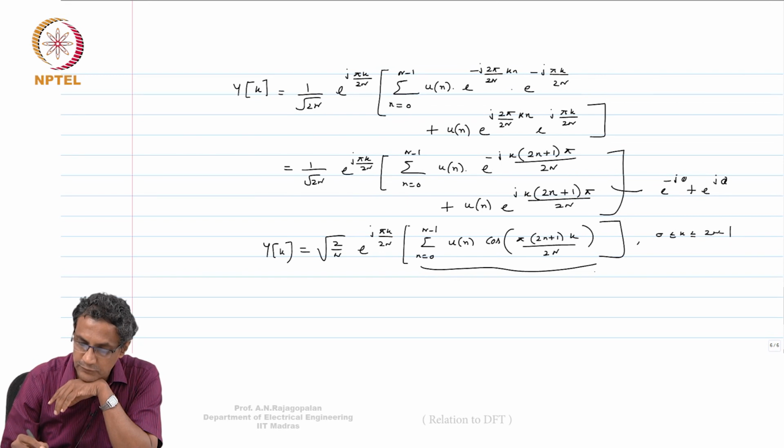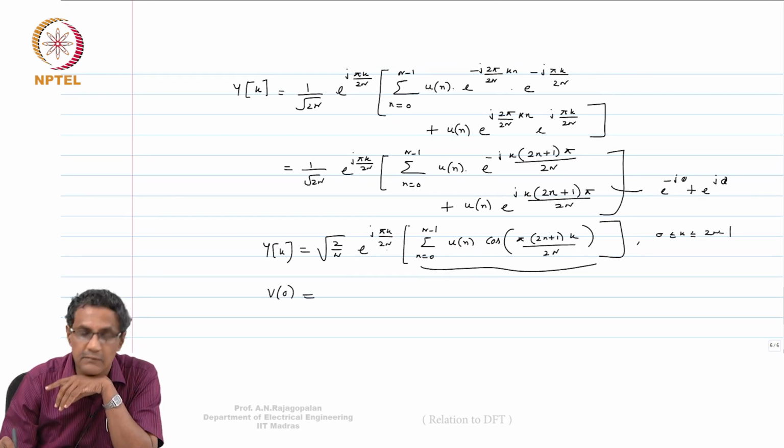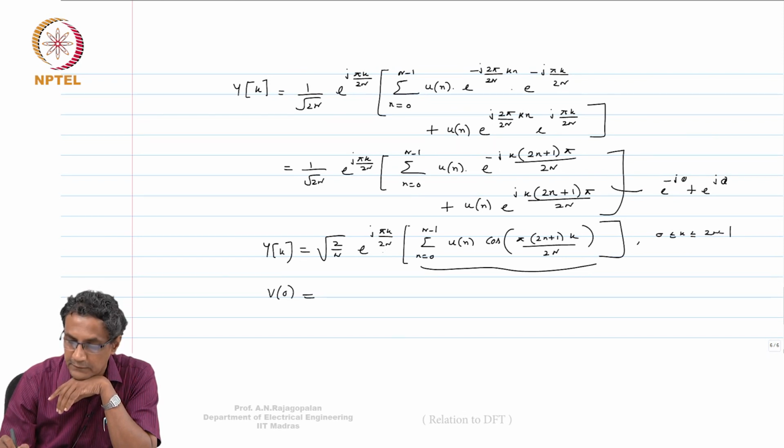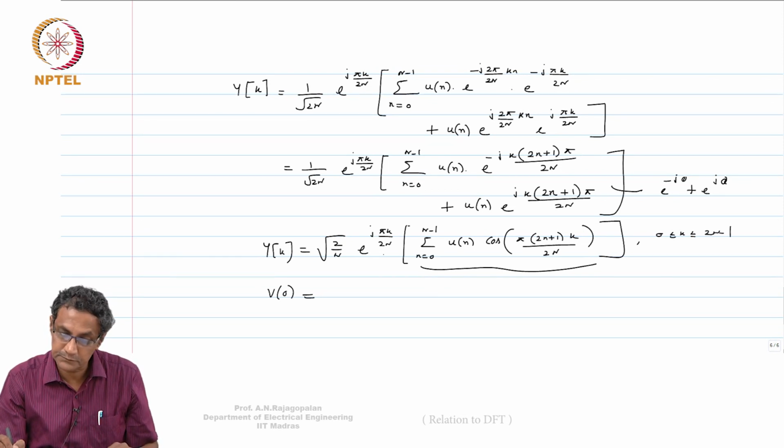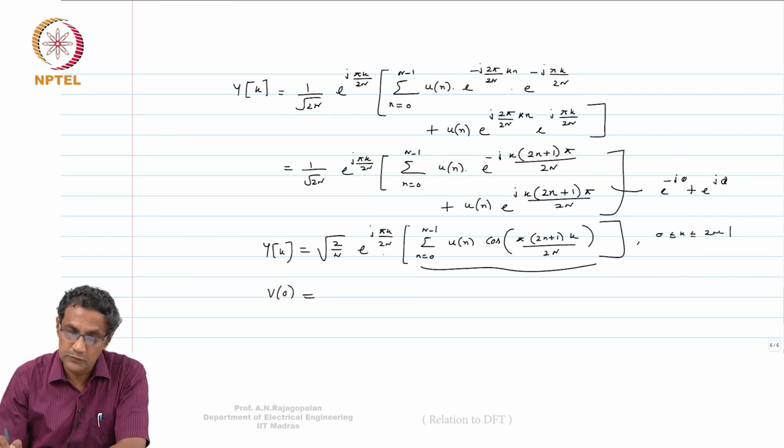So if you want V0, let's say, because V0 will mean that this term will drop out, because this will become 1. So what is that relation that we had? So 1 by root n.